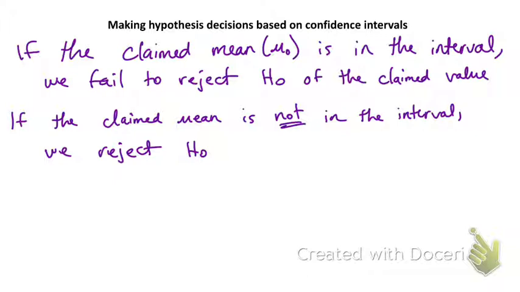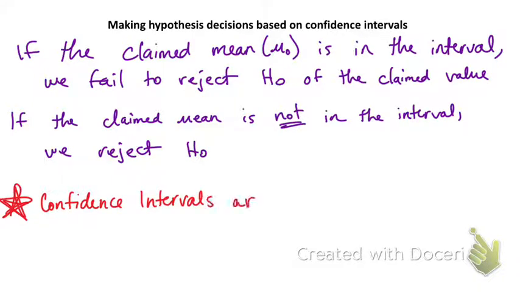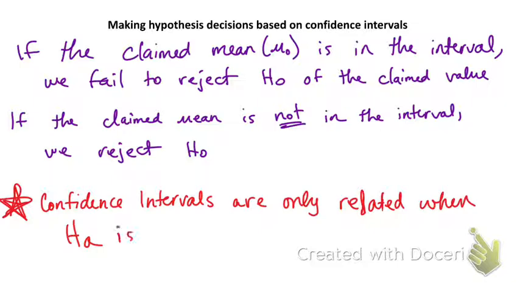Now, one thing I do need to make sure that we remember is that confidence intervals are only related when the alternative hypothesis is a not equal to. That's the only time that the confidence interval is related to the hypothesis test.